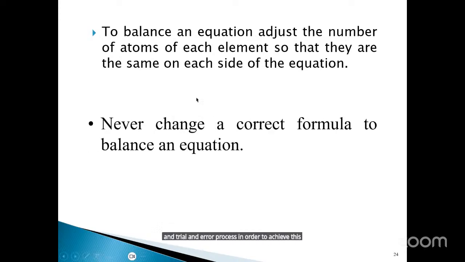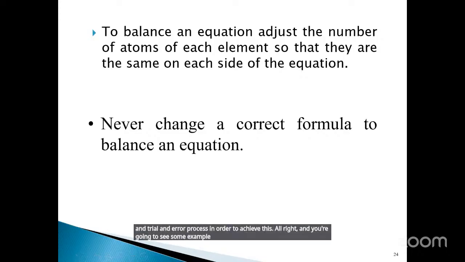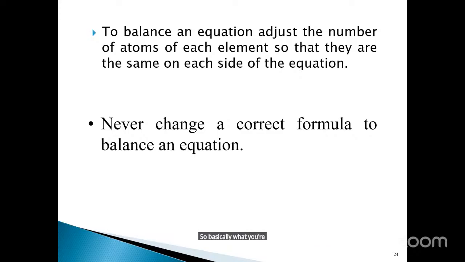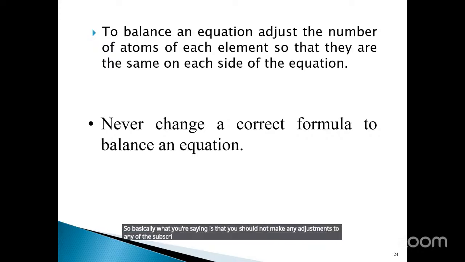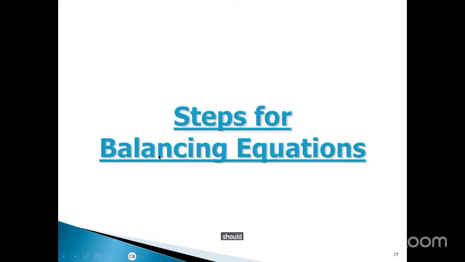All right, and you're going to see some examples of how this is done. One thing you should not do, right? You should not change the formula of any of the substances involved in a reaction. So basically, what they're saying is that you should not make any adjustments to any of the subscripts that you see in the formula, right? The only thing that you should adjust should be the coefficients, all right?